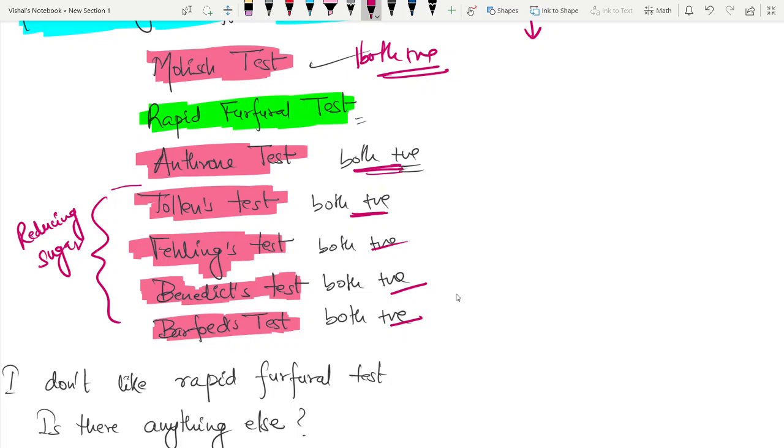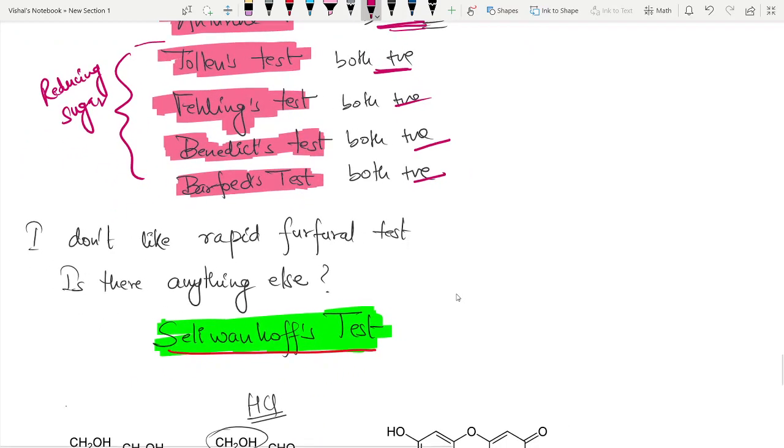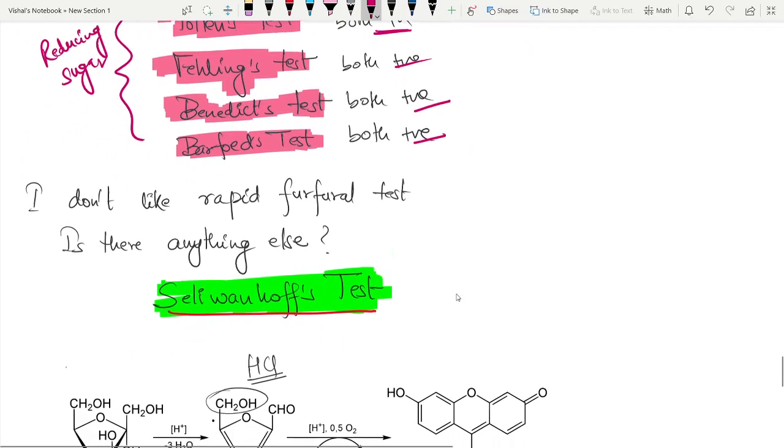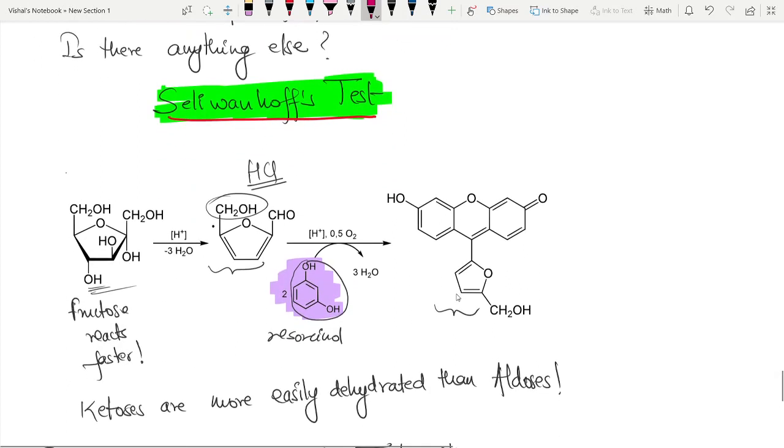Is there anything else? So then there is again another test, which is Seliwanhoff's test. But the thing is that this is also based on speed. You see, the mechanism here is also the same. You are using HCl in this test and you dehydrate a fructose. So I'm taking an example of fructose. Glucose can also get dehydrated into the same compound, but the dehydration of fructose will be faster.